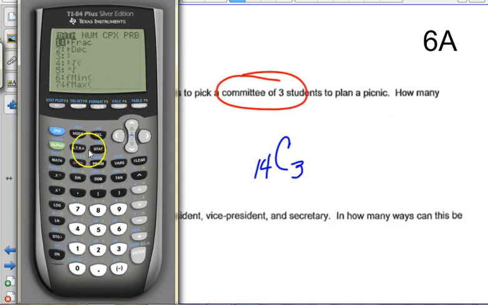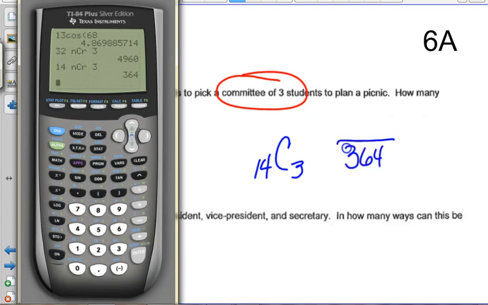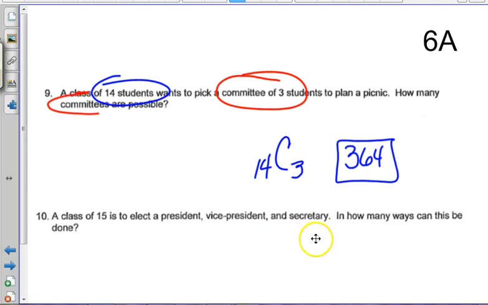My old calculator, I have to go 14, math, 364. Did someone else get that answer? Okay. This is a permutation question, but I never do it as a permutation question. We're going to elect a president, a vice president, and a secretary. We have 15 people, so the first time we have 15 to vote from, then 14, then 13, right?